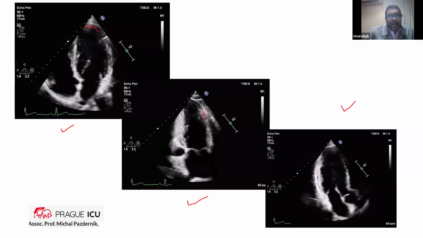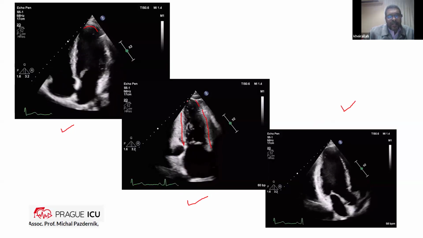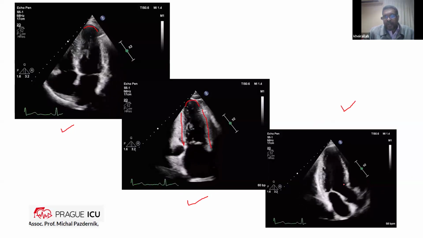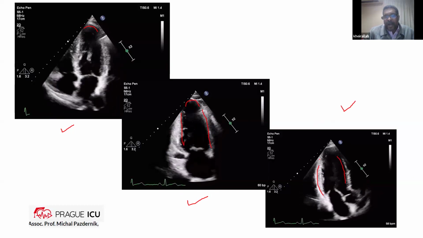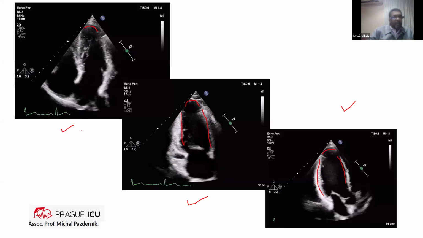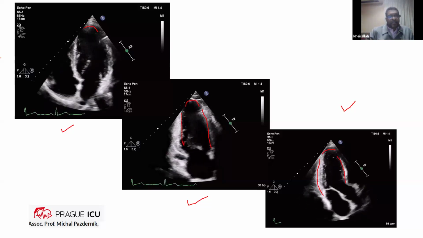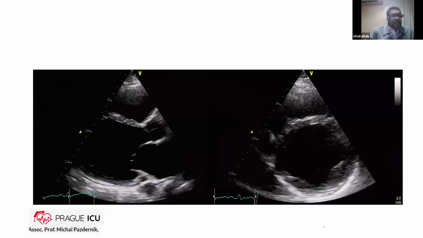What is here? Anterior wall, inferior wall, and apex. What is here? Anterior septum, inferolateral, and apex. Yeah, so we can analyze the segmental motion based on this. But here, this is normal contractility.